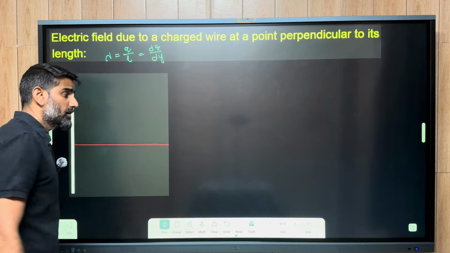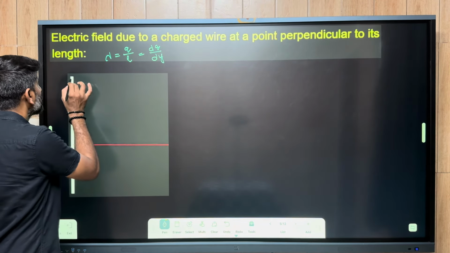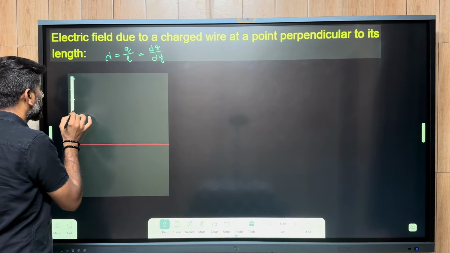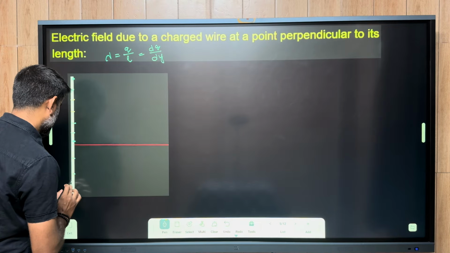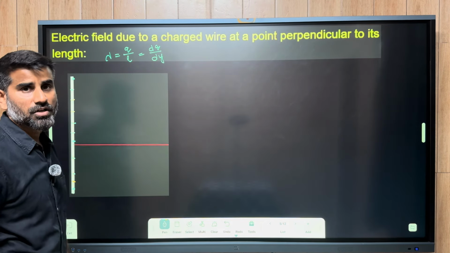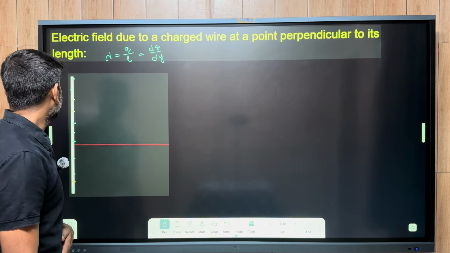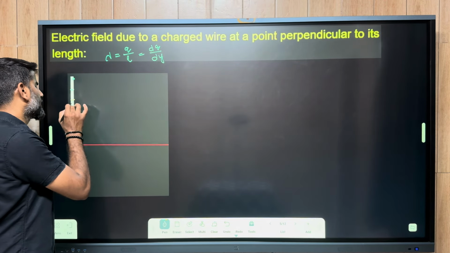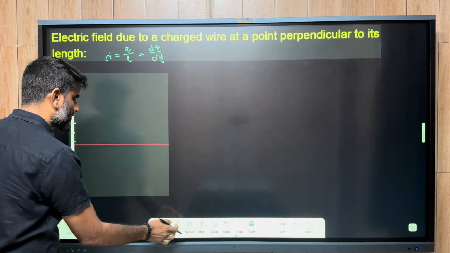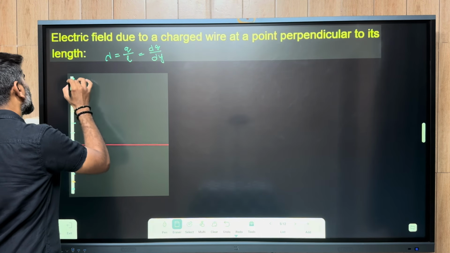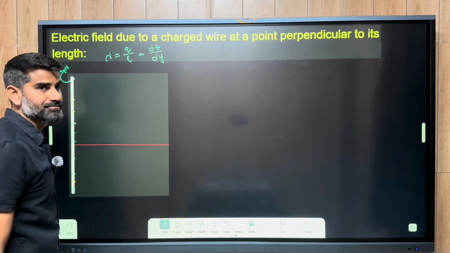Now I'm going to find the electric field due to this rod. I'm going to consider that this rod is positively charged again. Let's take the linear charge density of this rod as lambda.